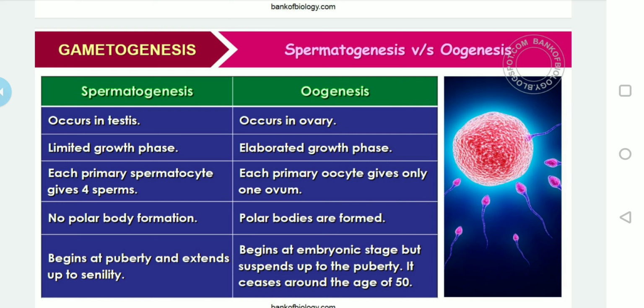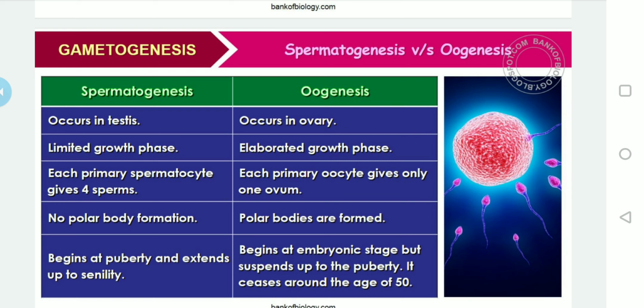Remember, the process of spermiogenesis is also present in spermatogenesis. Do you remember? What is spermiogenesis? The transformation or differentiation of spermatids into spermatozoa or sperms is called spermiogenesis, isn't it?